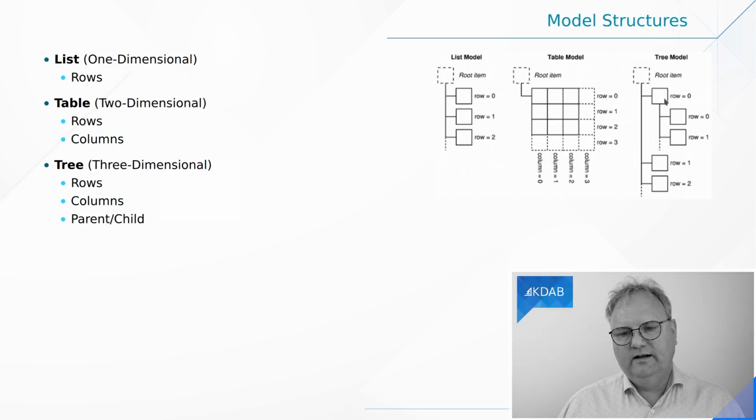And here's a number of items, row 0, 1, and 2, and underneath the row 0, there's row 0 and row 1 again. So there, it makes sense to answer, is it this item we're talking about? How many rows are there? 3. Or is it underneath this one? How many are there? Well, in this drawing, there's 2.